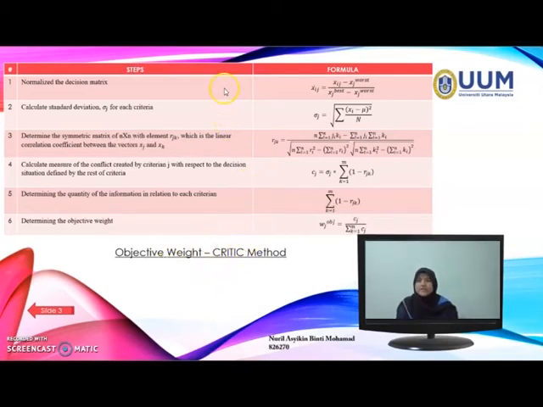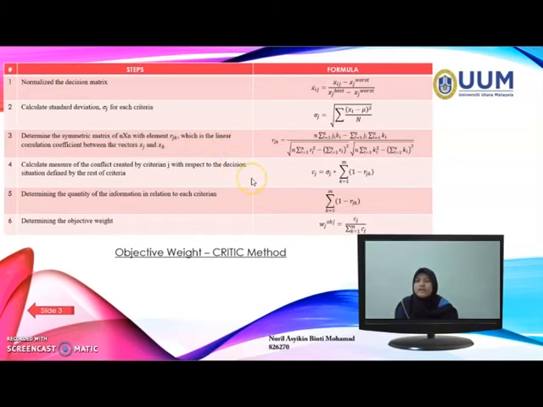The first step is to normalize the decision matrix, and the second is to calculate the standard deviation for each criterion. The third is to determine the symmetric matrix of n by n with element rjk, which is the linear correlation coefficient between the vectors xj and xk.